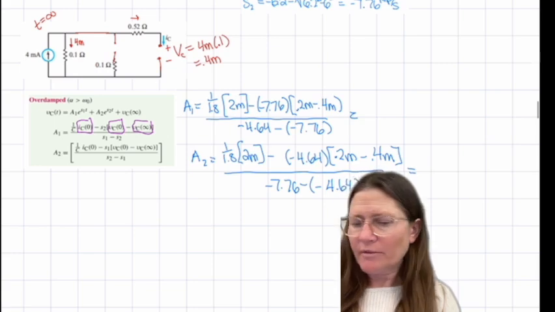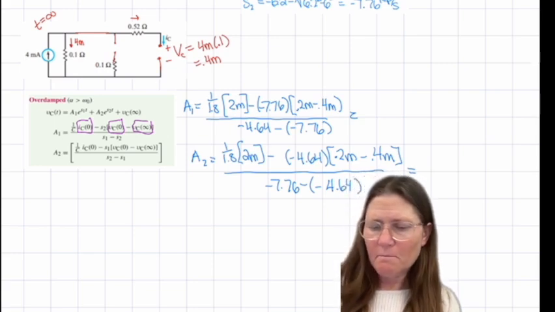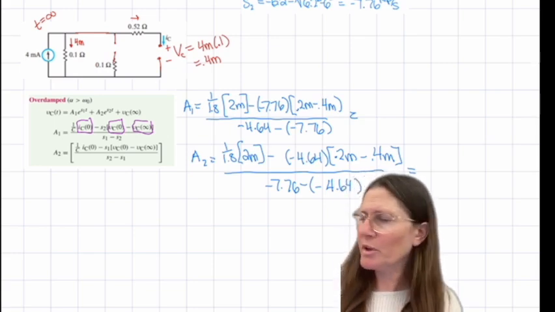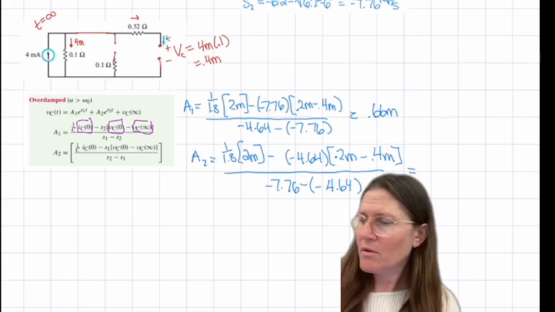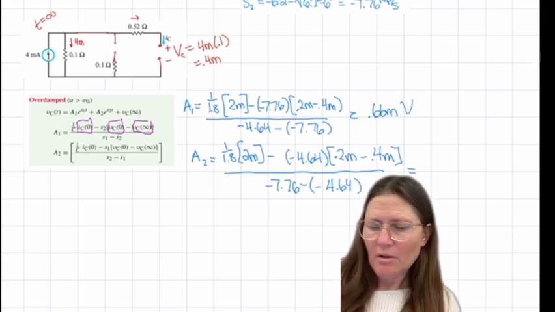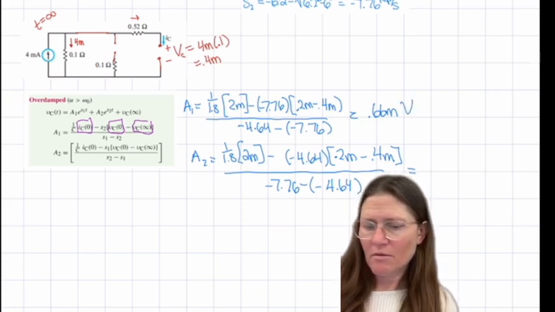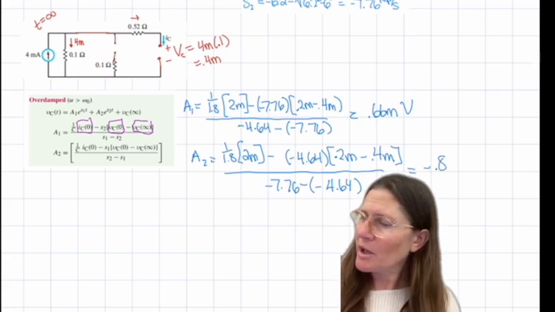All right, so these values, A1 is 0.66 milli. And A2 is minus 0.86 milli.